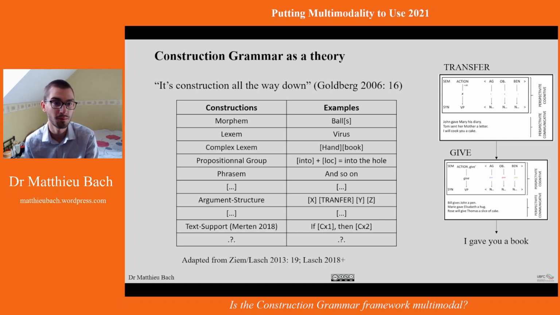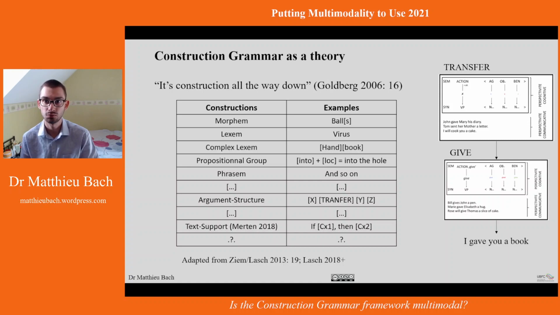So we have morpheme construction, we have lexeme construction, we have propositional group construction, we have actually the most liked construction, the argument structure construction, and maybe the text support construction from Marie-Louise Martin. And we might have many more constructions like the discourse construction.